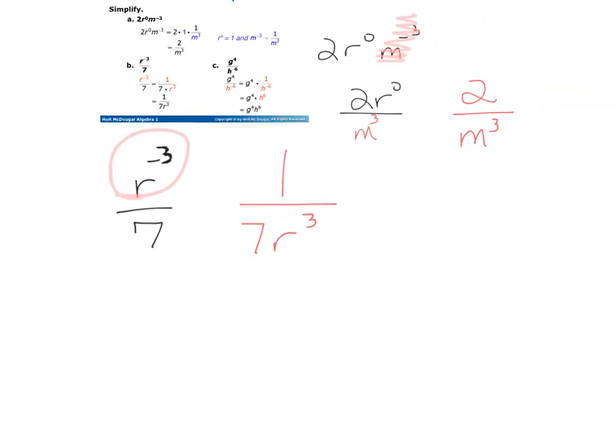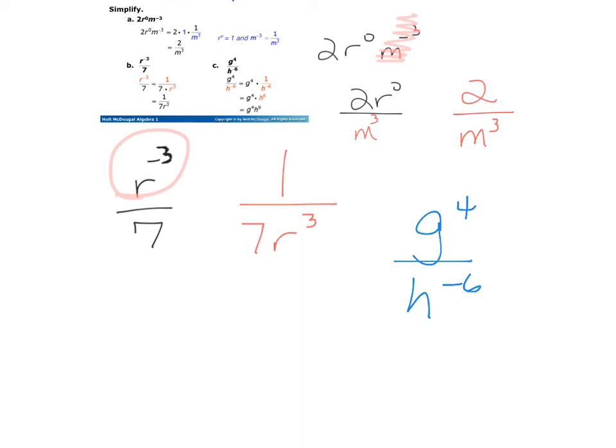On part C, g to the 4th over h to the negative 6. Yes? A base with an exponent of 1 is treated the same as an exponent of 0, because 1 to any power is 1, and any number to a 0 power is 1, and we can treat it the same.